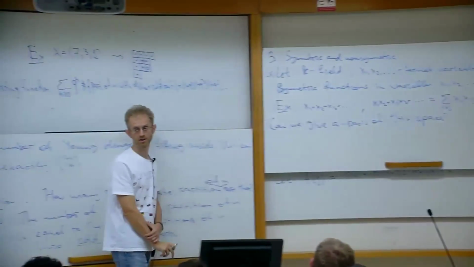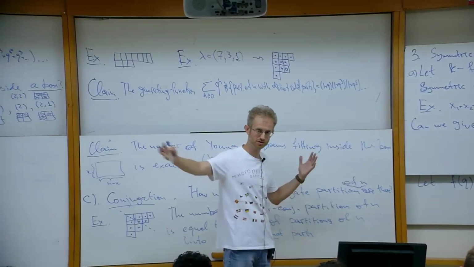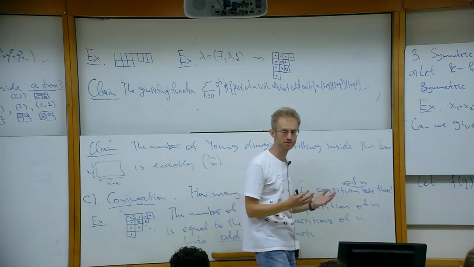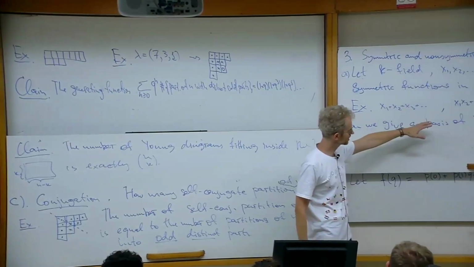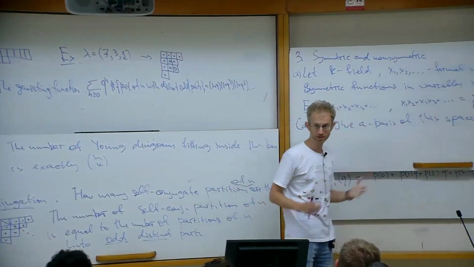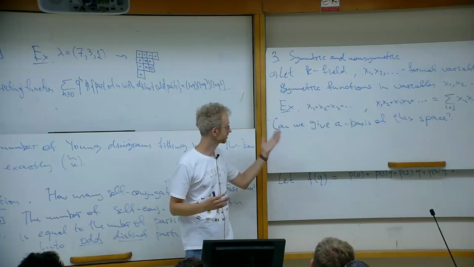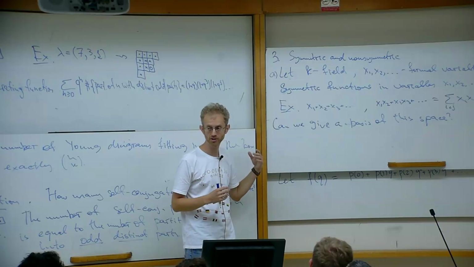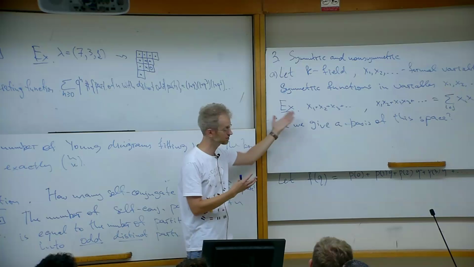Again, let me repeat that the space consists of expressions in x's. Each expression is a sum of monomials, but the number of monomials can and should be infinite. Still, this is a vector space, actually even an algebra, so you can multiply those. And we're asking, can we somehow put our hands on that?